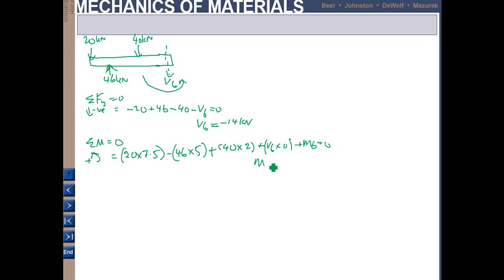So you get M6 is equal to 0. Okay, so now you already got the shear force and also the value of the moment.